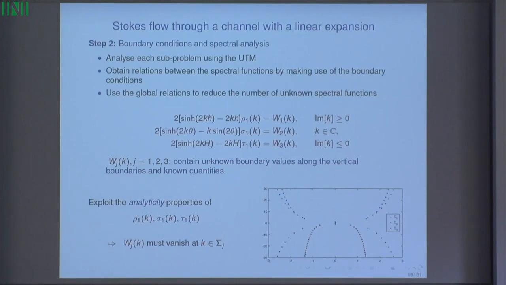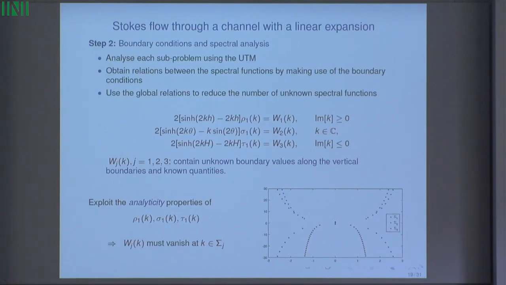And so what we do then, we use these global relations, which, as I mentioned, are crucial to give us all the information that we need to find this reduced number of unknown spectral functions. So we find these 3 relations here.